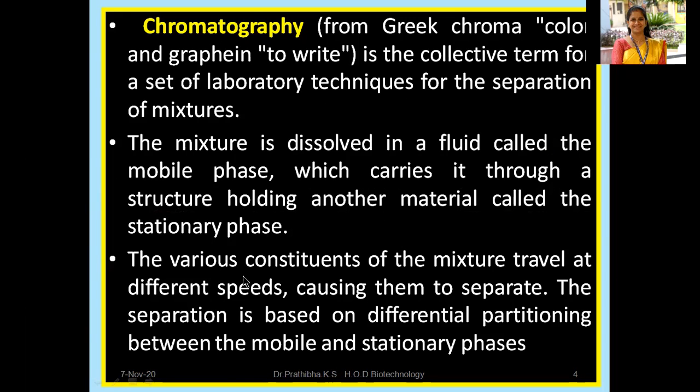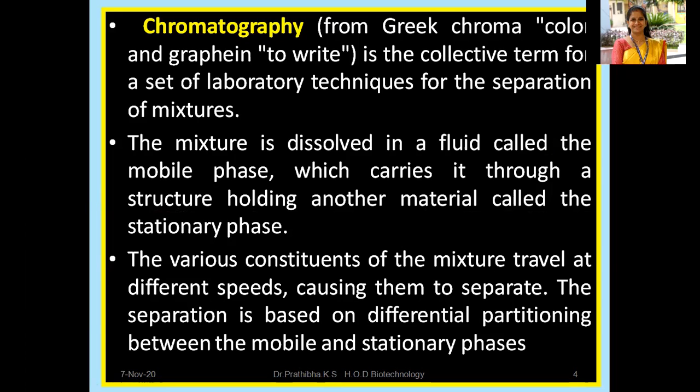The various constituents of the mixture travel at different speeds, according to their molecular weight, causing them to separate. The separation is mainly based on differential partitioning between the mobile and stationary phase. To understand this, we can recall the chalk, or the blotting paper, or Whatman paper.